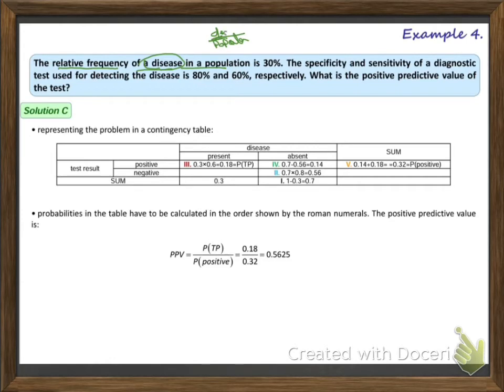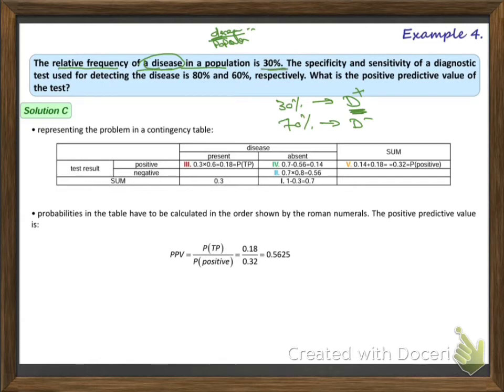So 30% is disease positive, the people who have the disease in this population. The people who don't have this disease will be the complementary, so the negative will be 70%. This is the benefit of having the first one.